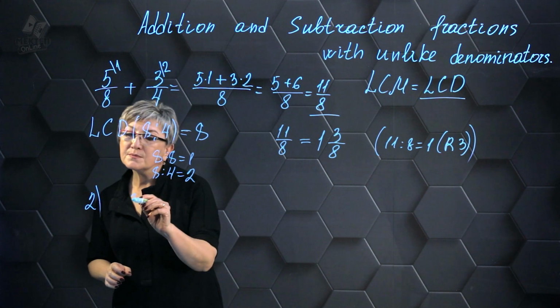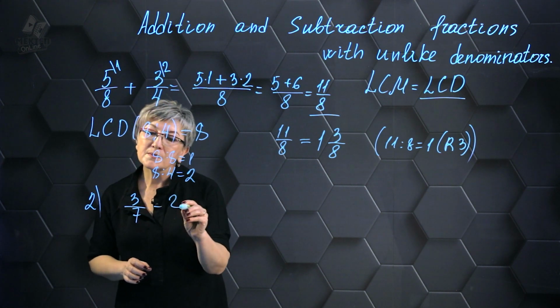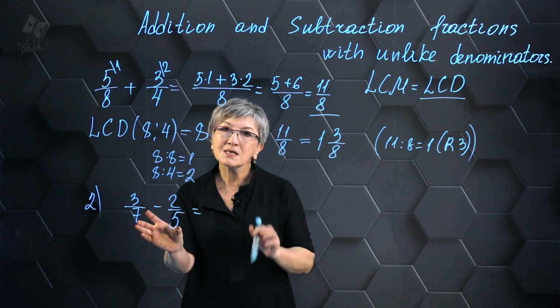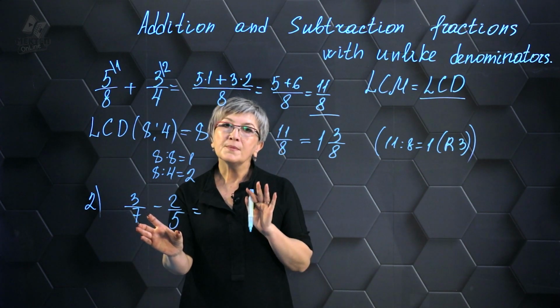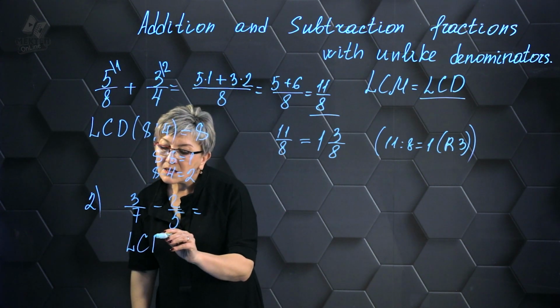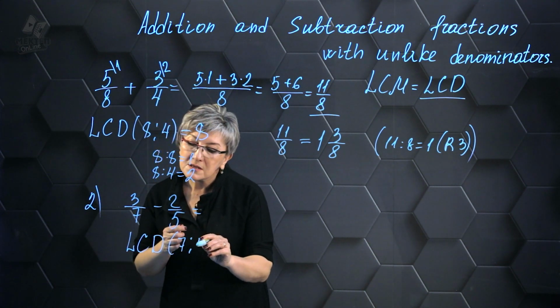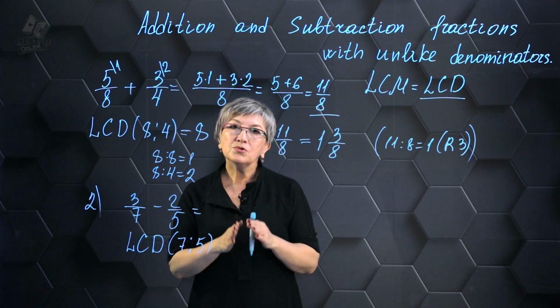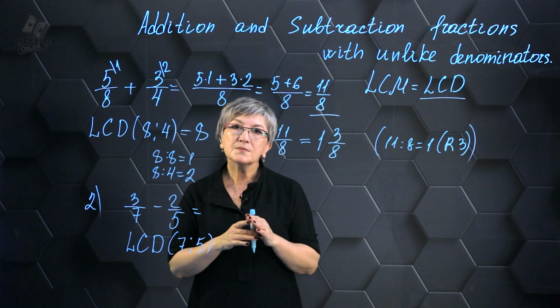Let's consider another example. 3/7 minus 2/5. Just to reiterate, I want to point out that I have different denominators. So I need to make it so that the denominator is the same. I'm noting it: the LCD of the numbers 7 and 5. Do you know what the least common denominator is?